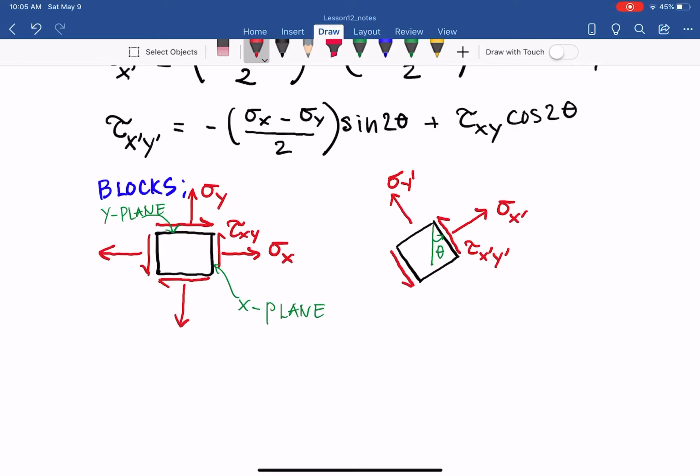Sigma x apostrophe on this negative side goes opposite with the same magnitude. Then similarly this one is tau y apostrophe x apostrophe, with the same magnitude as tau x apostrophe y apostrophe.